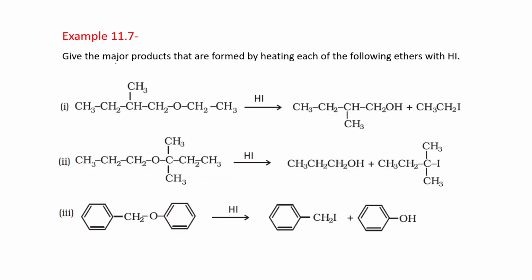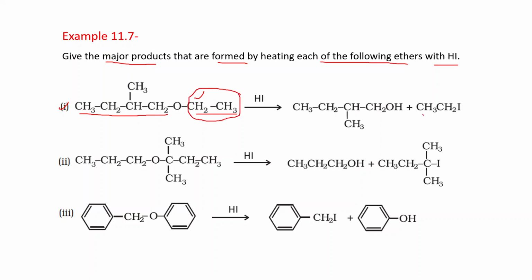See one example. Give the major products that are formed by heating each of the following ethers with HI. First one. Now see the structure of this ether. This is the smaller group, and this is the larger group, and no tertiary group is present. That's why I will go to the smaller group.